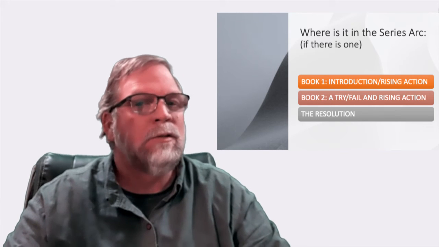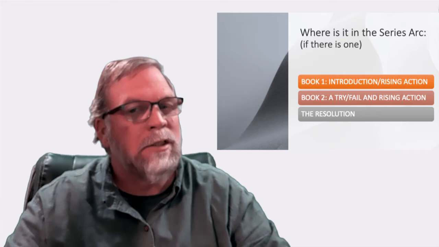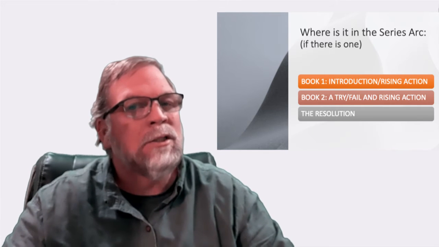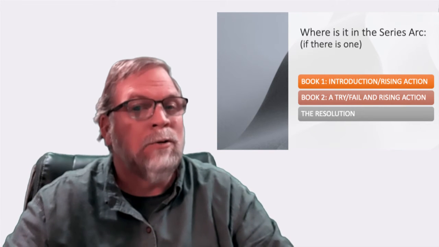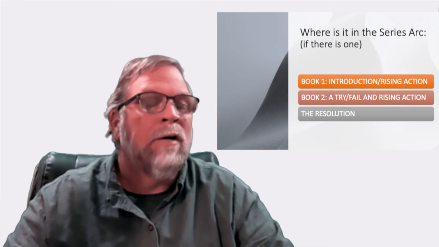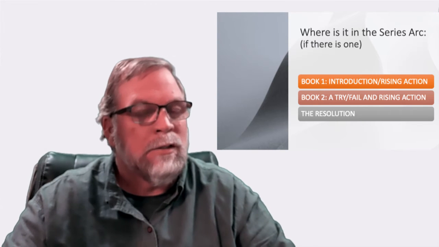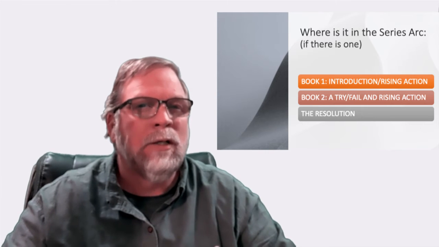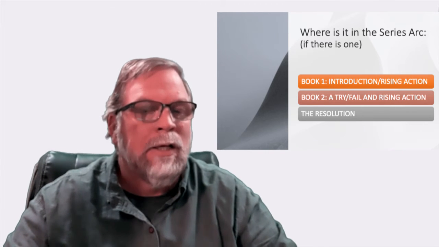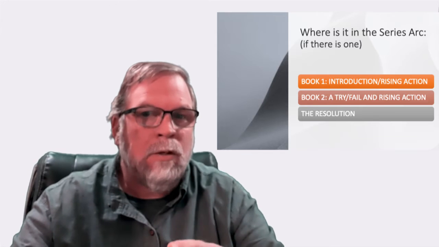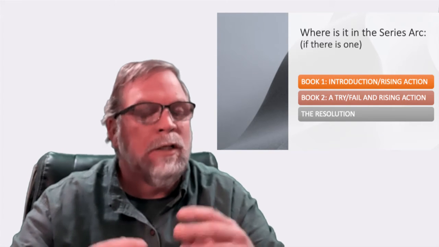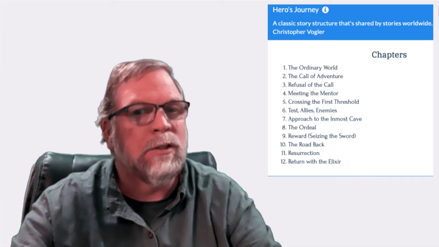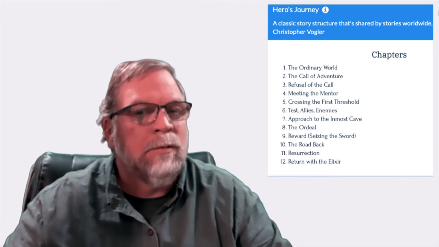Now, obviously, if your series is longer than this, you need to spread these different parts of the series arc out over your series. What I often do, if I'm writing a longer series like that, is use a template, like an outliner or plotter template. For example, I'll use the hero's journey to cover several different books.